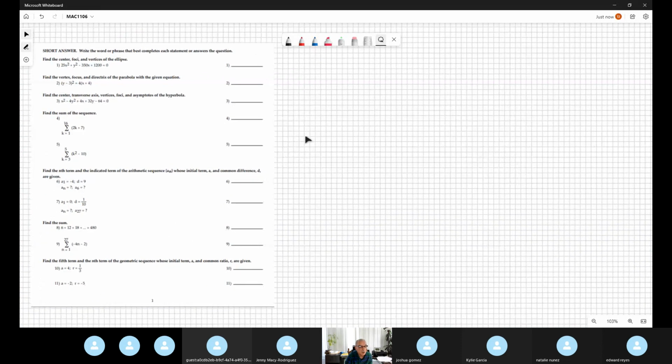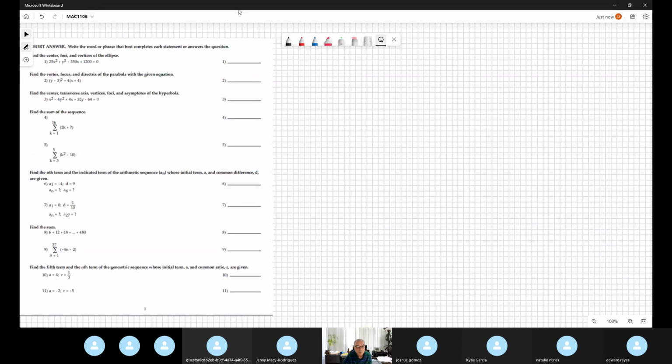Okay, Gladys. So now, number 5 is the summation from k equals 3 to 5 of k squared minus 10. This is more complicated. Why? Because we have formulas of the summation that start at 1 and go to 5 or to m, but not at 3.